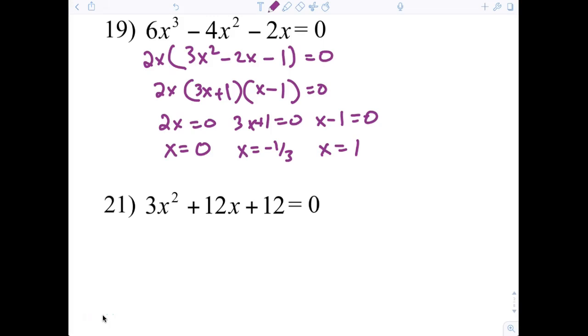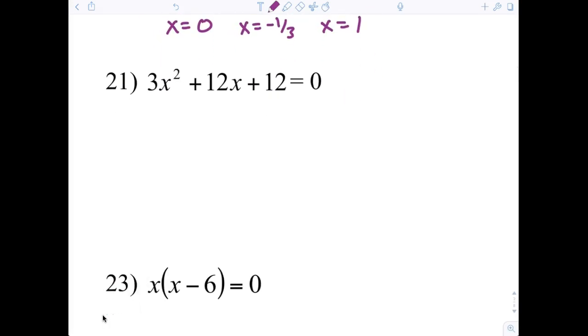All right? Now, I could factor out a what here, guys? What's a GCF? Notice I didn't say the GCF had a variable in it, correct? So if there's not a variable, I want you to divide by 3, divide by 3, divide by 3. So then this becomes x squared plus 4x plus 4 equals 0.